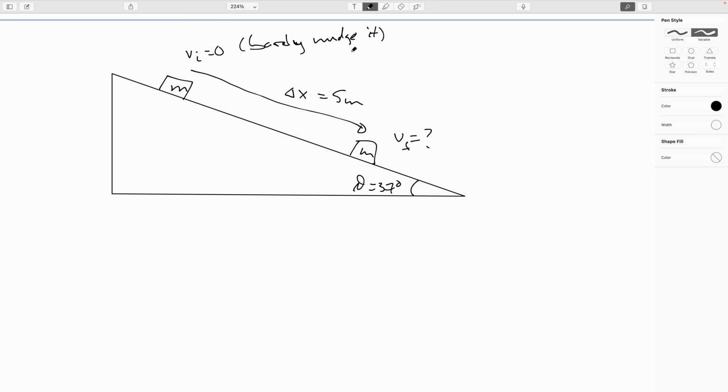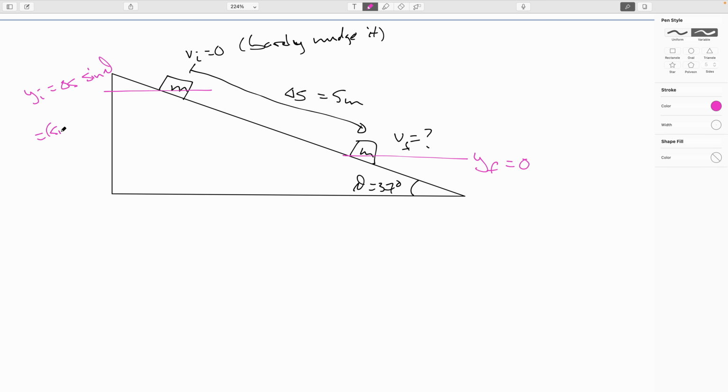Actually, let me call this delta S instead of delta R, just to avoid a little bit of confusion. So our displacement down the ramp is 5 meters. Looking ahead, gravity being a conservative force, I'm going to go ahead and define where y initial and y final are. I'm going to put y final down here as being at 0. And y initial here is going to be equal to delta S sine theta.